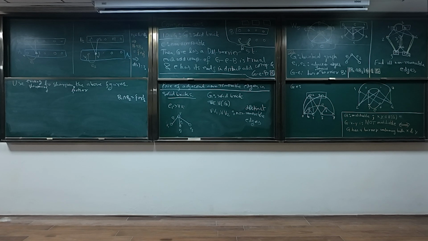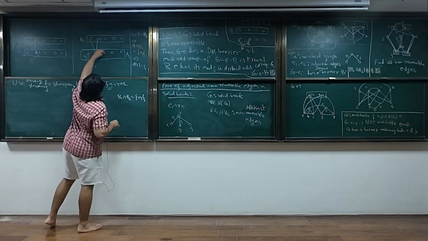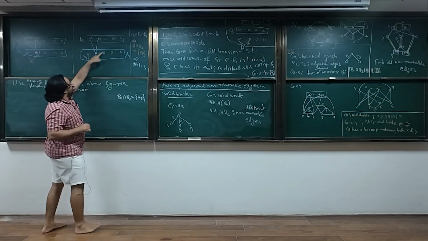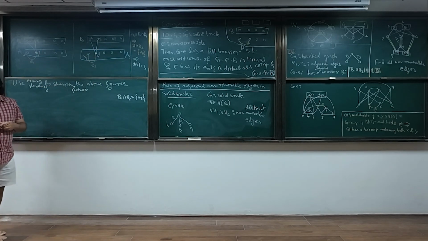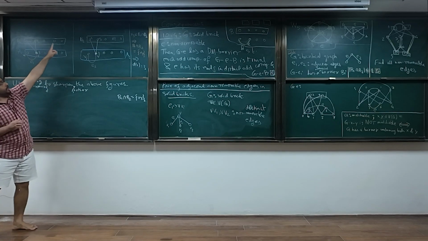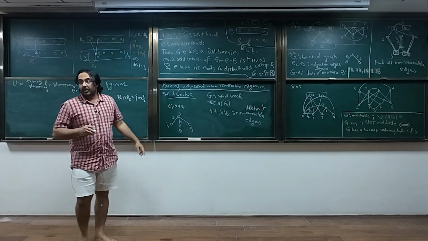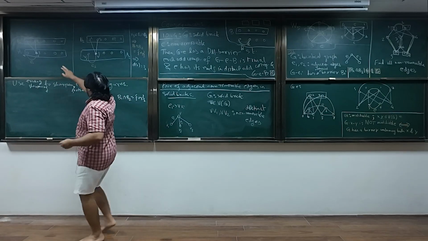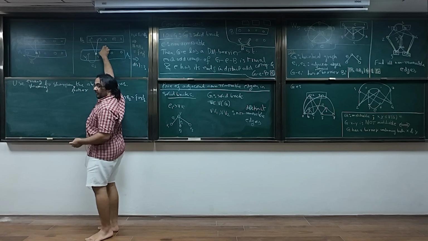Right, so note that all these four sets are equi-cardinal. There is no other possibility. There are n by 2 vertices here, n by 2 here, n by 2 here, n by 2 here. And you know that the intersection of B1 and B2 is just one vertex. What does that mean? Where did the other vertices of B1 go? They can't be here except for V3.